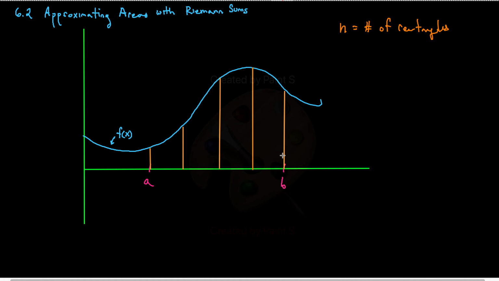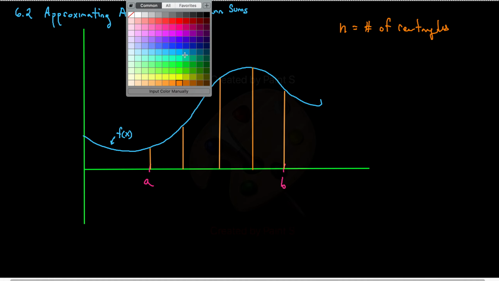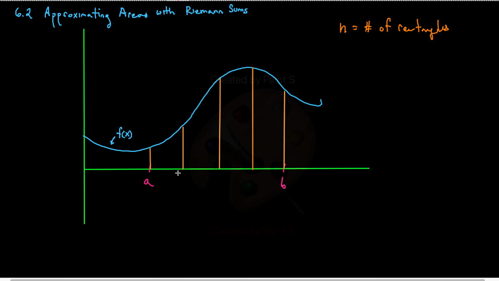And then I have A and B here, and if I wanted to find out the width, let's say here this is delta x.